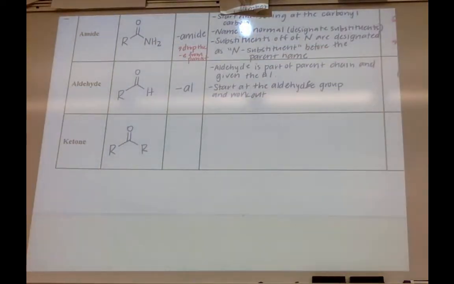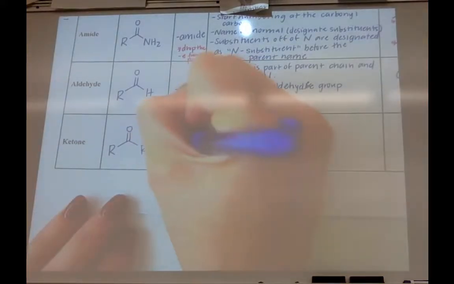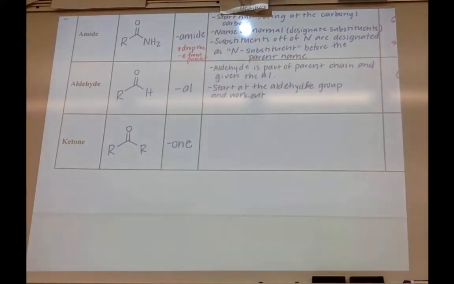Notice how it was a more complicated molecule with the carbonyl carbon, and we're working our way down priority, and now all we have is that carbonyl carbon. The ending for a ketone is O-N-E. So ketone, I give that its own ending.